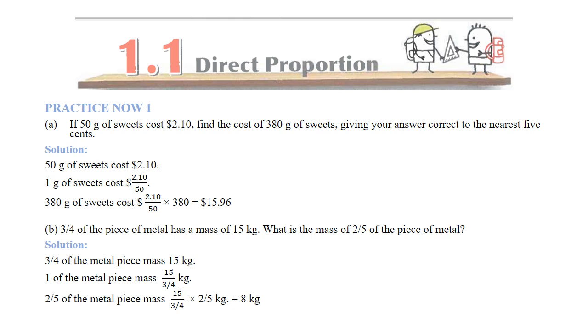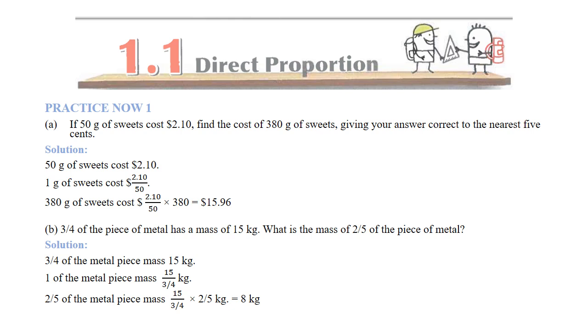Now let's see another practice problem. In this case we have the mass of sweets, which is 50 grams, and it costs $2.10. We have to calculate the cost of 380 grams of sweets, and further we should present our answer up to the 5 cent, which means that it should be at the second decimal place with respect to dollars.